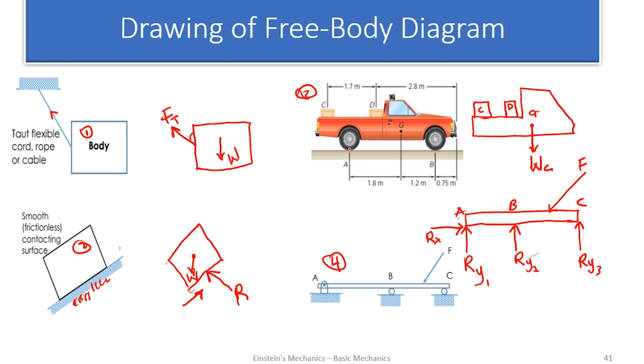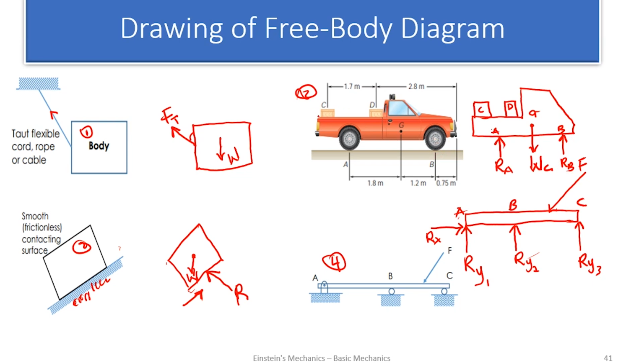What about the wheels? The wheels represent a roller. You see that it is not a fixed point, it's a roller. It is rolling on the ground. So it is going to be an upward reaction at A. So let's say here is A and here is B. So there will be a reaction at A, and there will be an upward reaction at B, the roller again.